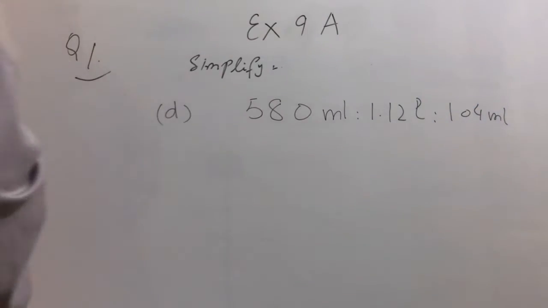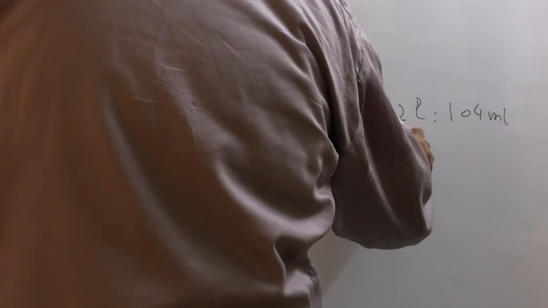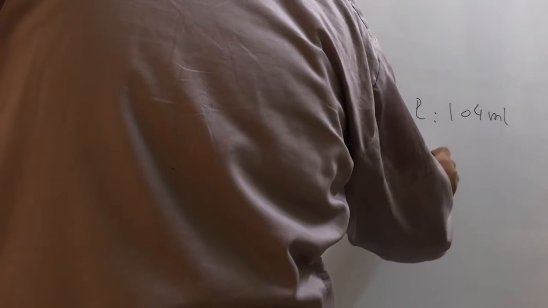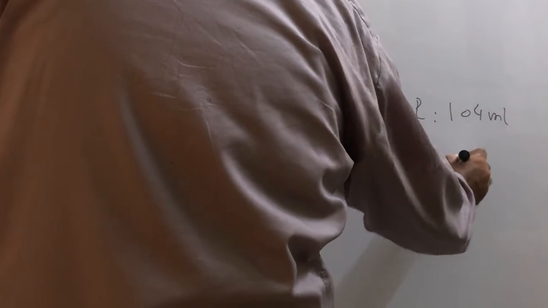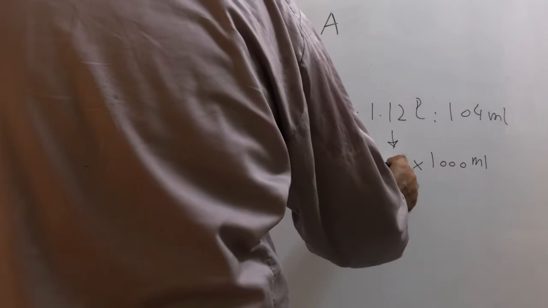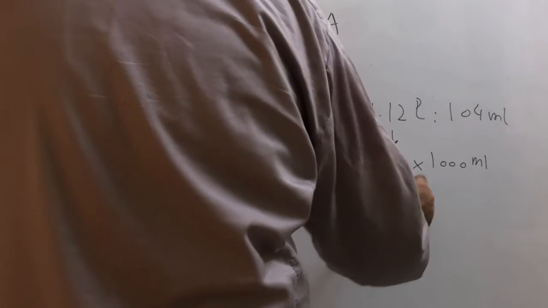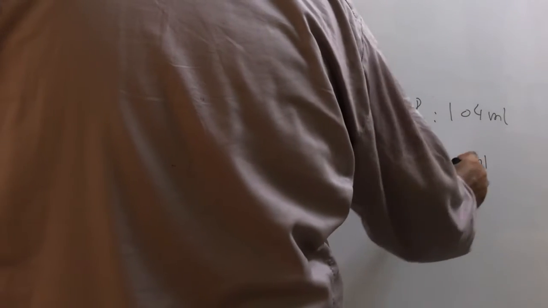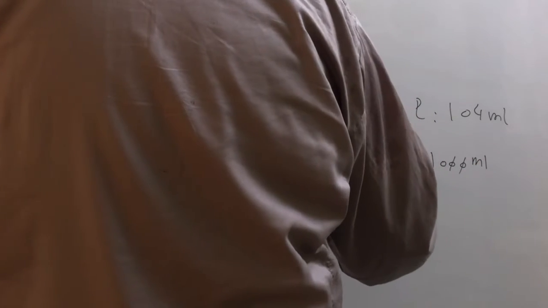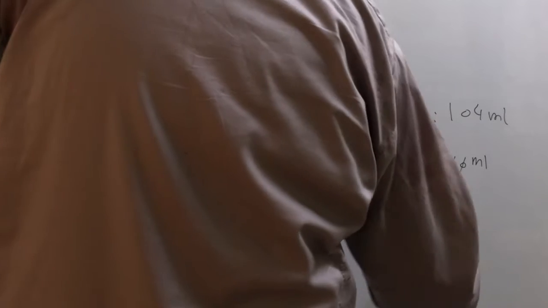So we need to have first of all three quantities in similar unit, that is milliliter. So to convert it into milliliter, we will multiply this with 1000. So we will be getting milliliters. Now remove this point, make it 100. 2 zeros go with 2 zeros. So when we multiply 112 with 10, we get 1120.